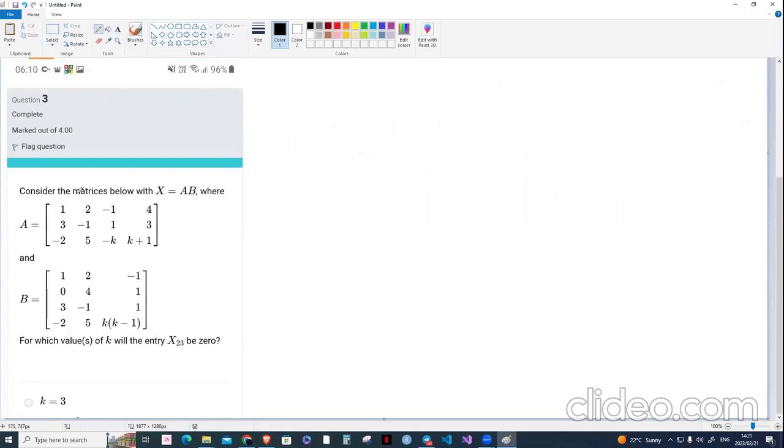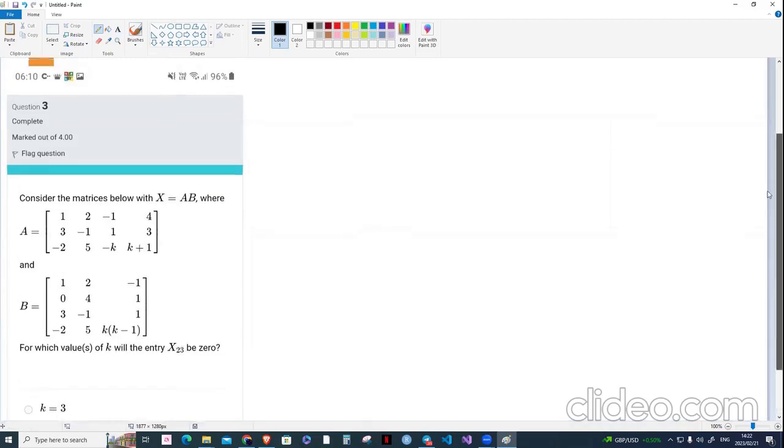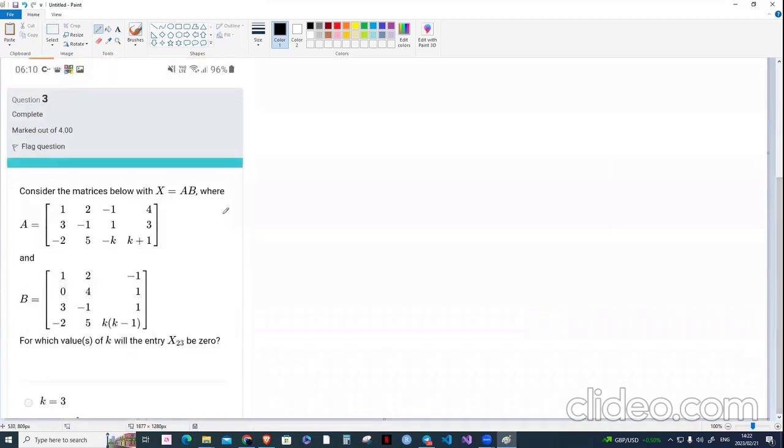Question 3. Consider the matrix below with X equal to AB, where A is this and then B. For which values of k will entry X2 be... I didn't copy this correctly, did I?